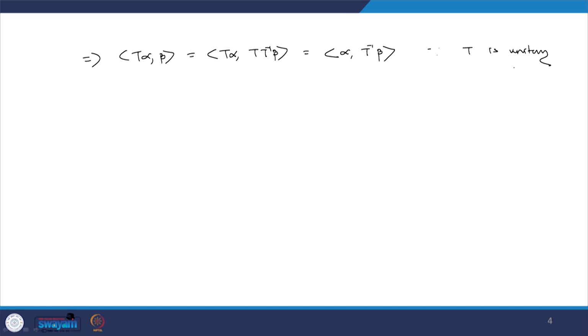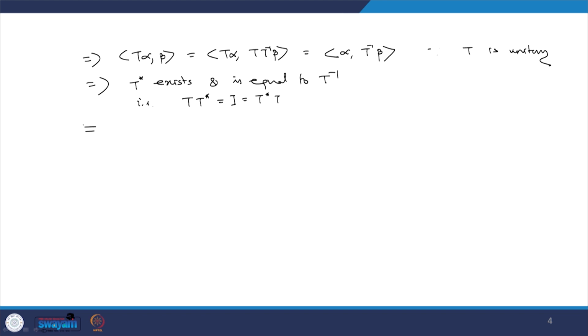So, this implies T star, I mean the adjoint of T, exists and is equal to T inverse, that is, T into T star equals identity.